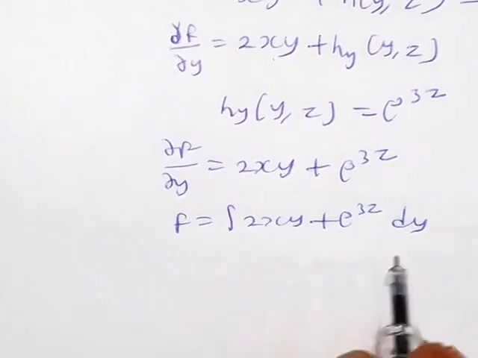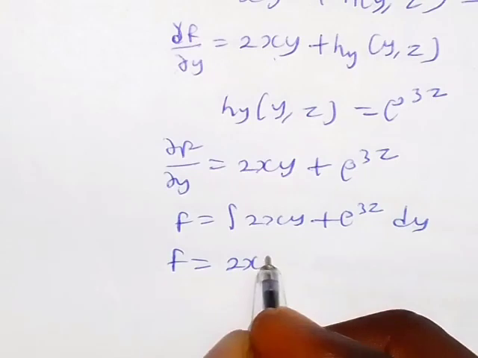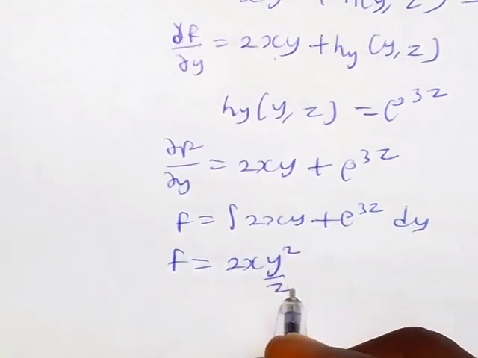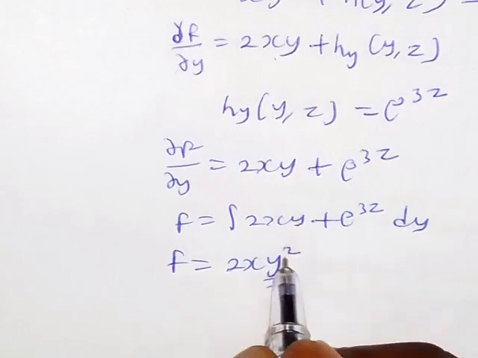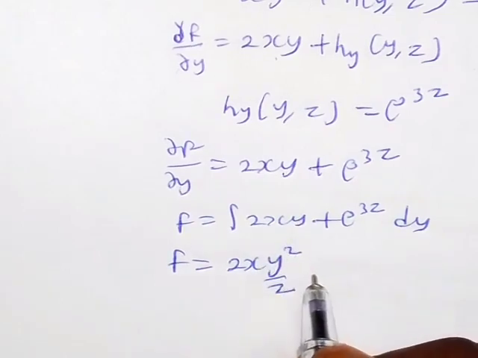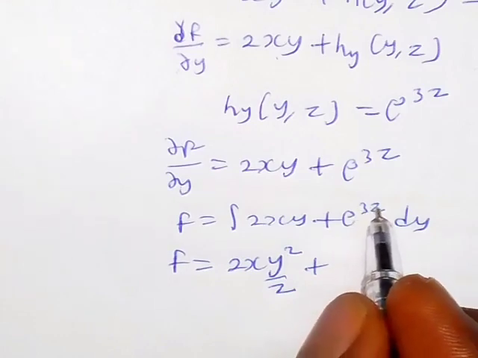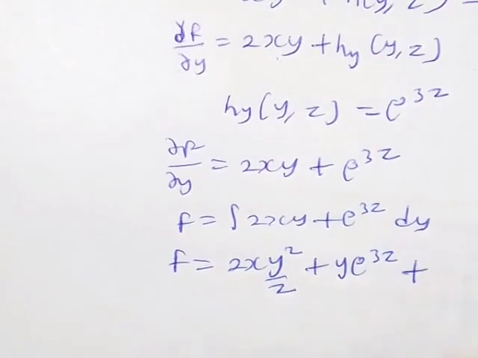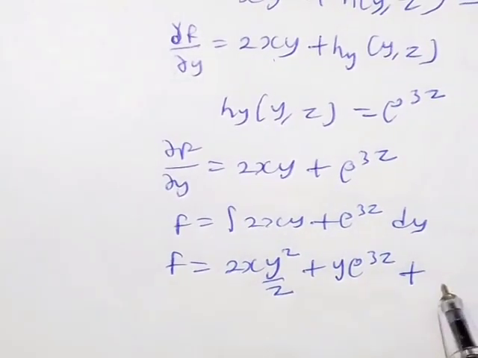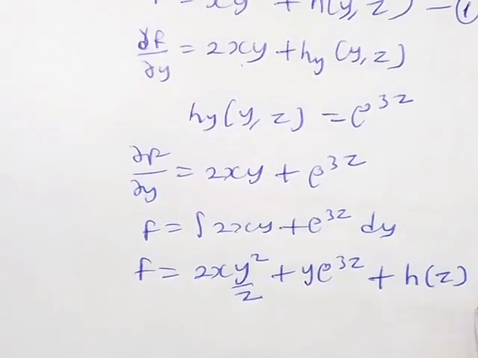So when we integrate with respect to y, we have f to be equal to 2xy squared over 2, because this is considered as a constant. Then we integrate this guy with respect to y. This will be a constant, so we have y exponential 3z plus some constant of integration, which is h of z. H of z is our constant of integration with respect to y.